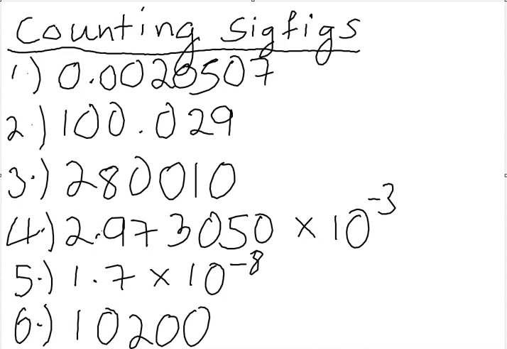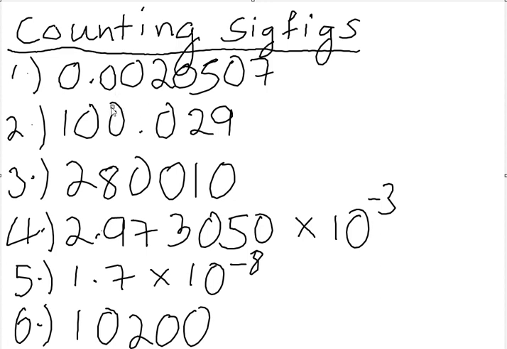Here we have some numbers and we are going to count significant figures in these numbers. Now, bear in mind that in chemistry, only measurements have a certain number of significant figures.